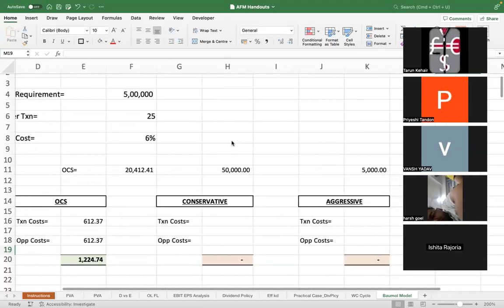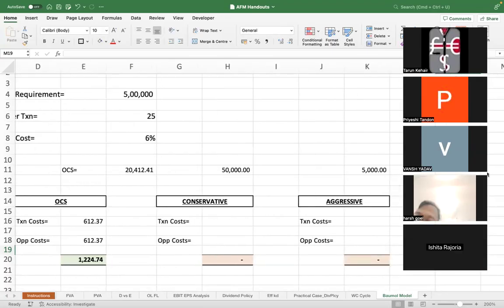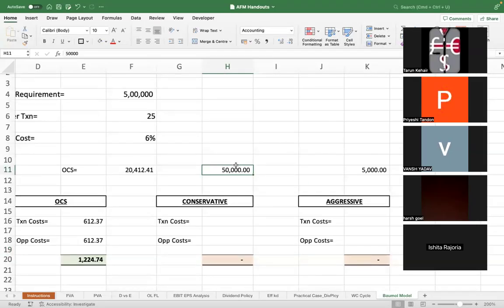Suppose I don't follow the optimal cash size as per the Baumol model. Instead, I am using a conservative policy. Then it is obvious that I will be using a greater lot size because I would want to keep greater cash in hand at any point in time, which means my number of withdrawals will go down, so the ordering cost should go down, but because of the higher lot size, the opportunity cost will go up.